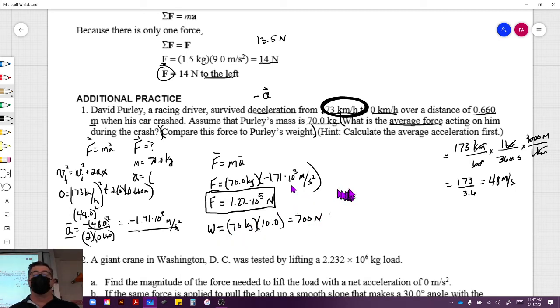Okay, so the force to weight ratio is 175. In other words, he pulled 175 G's during that crash. This is how we compare the force. We find the ratio. And he pulled 175 G's during that.